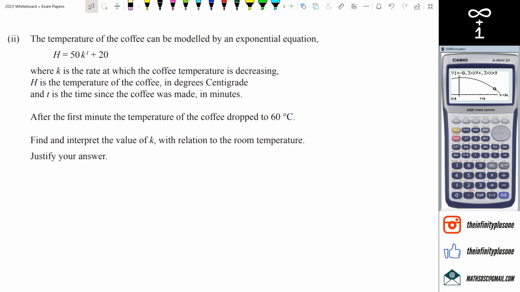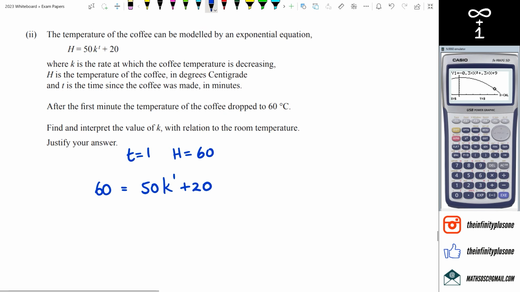After the first minute, the temperature drops to 60. Find the value of K. So this is just a substitution question, guys, because when T is equal to 1, H is equal to 60. So we've got 60 equals 50 K to the power of 1 plus 20. It's just a simple little rearranging question.